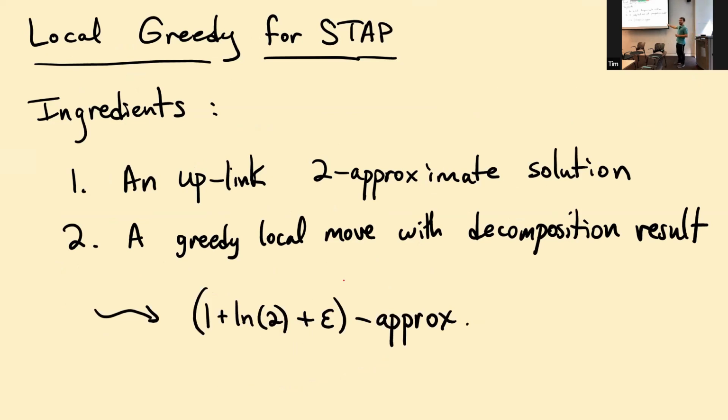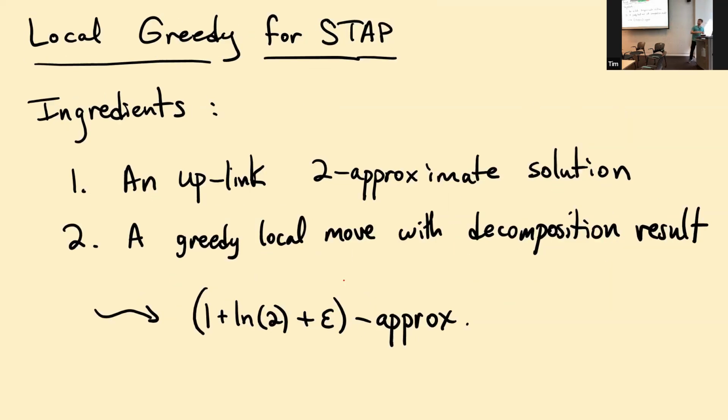The thing I just described is enough to get the 1 plus ln of 2 plus epsilon approximation. And then after a bit more tweaking, you can get it down to 1.5, but I'll just talk about the 1 plus ln of 2 in this talk because it's simpler.